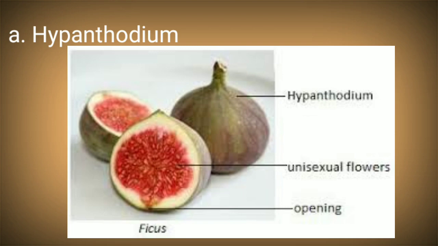Female flowers are in the basal part. Here in case of Hypanthodium, we will find unisexual flowers, so the female flowers are towards the lower side of the receptacle cavity. And there are also neutral flowers in the middle, which contain the egg or pupa of insects.